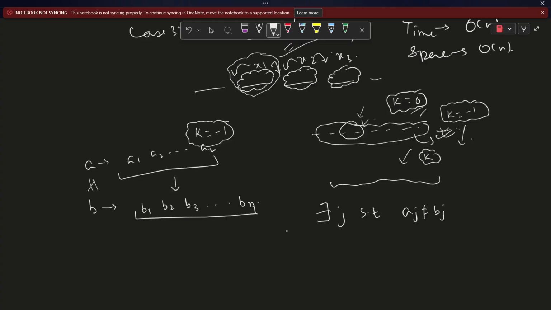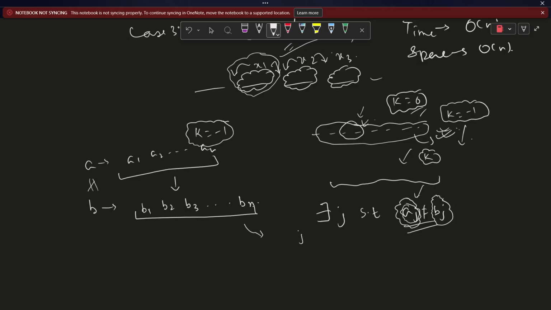So let's focus on that particular index j for which this condition is true. That is, aj is not equal to bj, which means that the correct position of this value aj is actually not j. It is something else. So I'll have to swap this value somehow, and after some number of swaps, place this value in its correct position, whatever its true position would be.